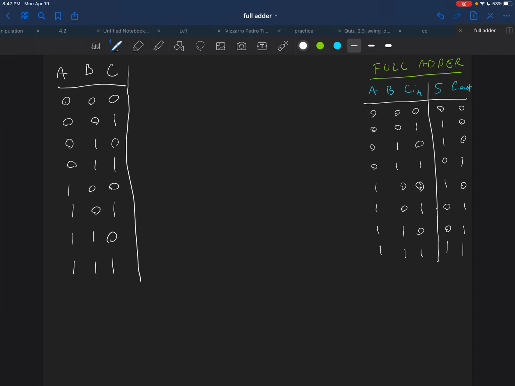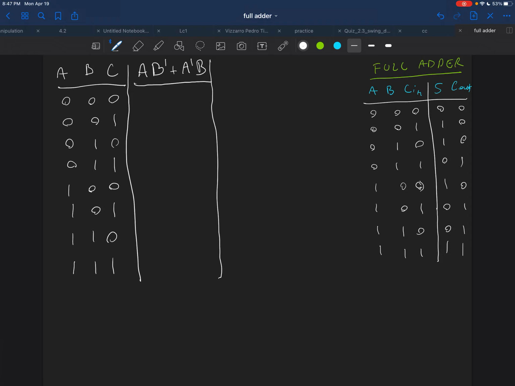Well, the challenge is to do it with half adders, and we remember that the half adder expression is AB' plus A'B, meaning that we might be able to use this output of the half adder somehow. We might also want to use the AB, but for now let's keep the chart relatively simple.